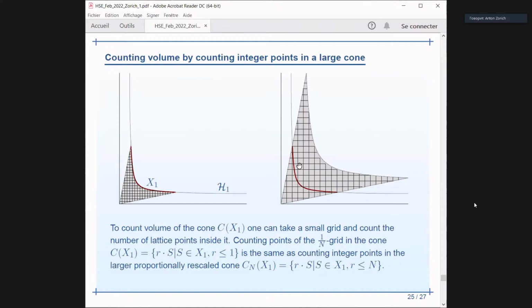It is equivalent to, instead of taking a small mesh in a unit hyperboloid, taking a ball of large radius r and considering integer points inside of this ball of radius r. And then we have to divide by the radius of the ball to the appropriate power to compute the volume of a unit ball.